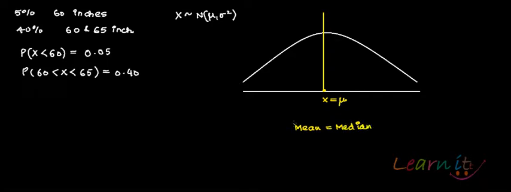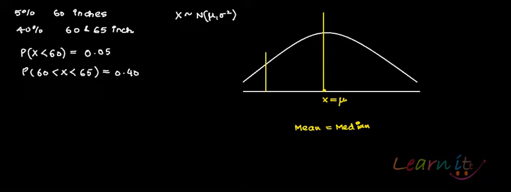You also know that this probability is half and this probability is also half, so it is dividing the entire thing into 50% regions.